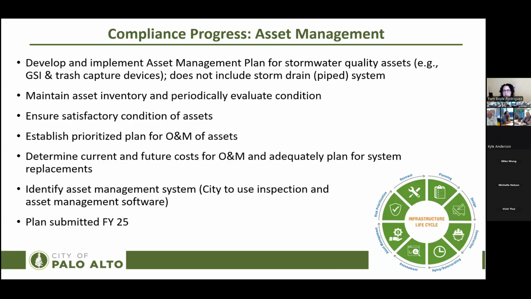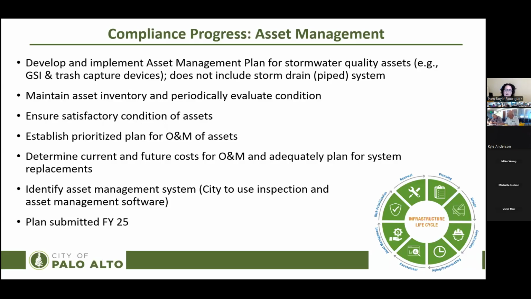And then finally, we have to create an asset management plan for all the stormwater quality assets. So that means all the green infrastructure and trash control devices. So we created a plan that says how we're going to do it, and now we have to start implementing that.